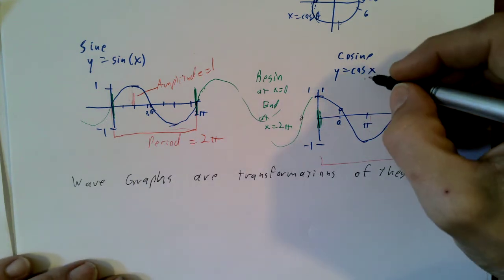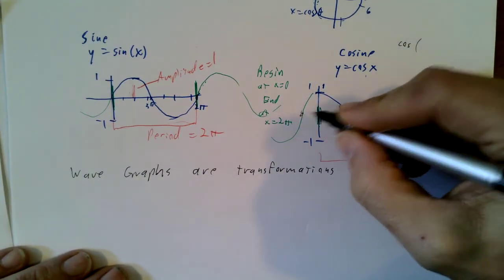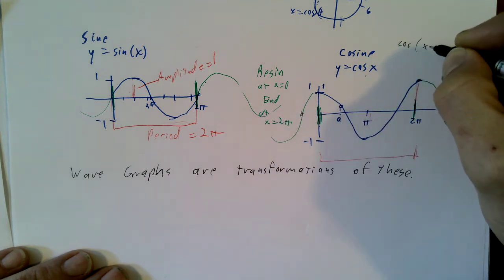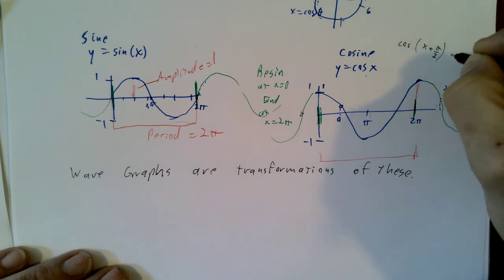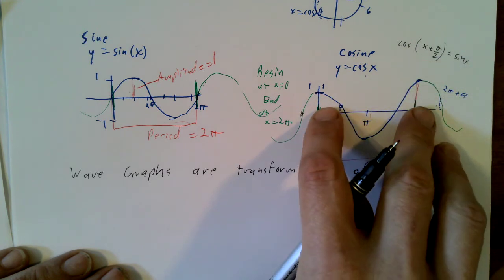We just made the observation that cosine of x plus pi over 2 is sine of x, because that would be a horizontal shift, pi over 2 units to the left.